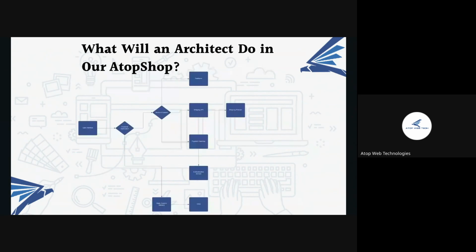So we have a very intuitive diagram here. As you can see, we have the user interface, the front-end application, which is communicating with the back end. The back end here is talking with the database, shipping API, and payment gateway. All these could be different services.